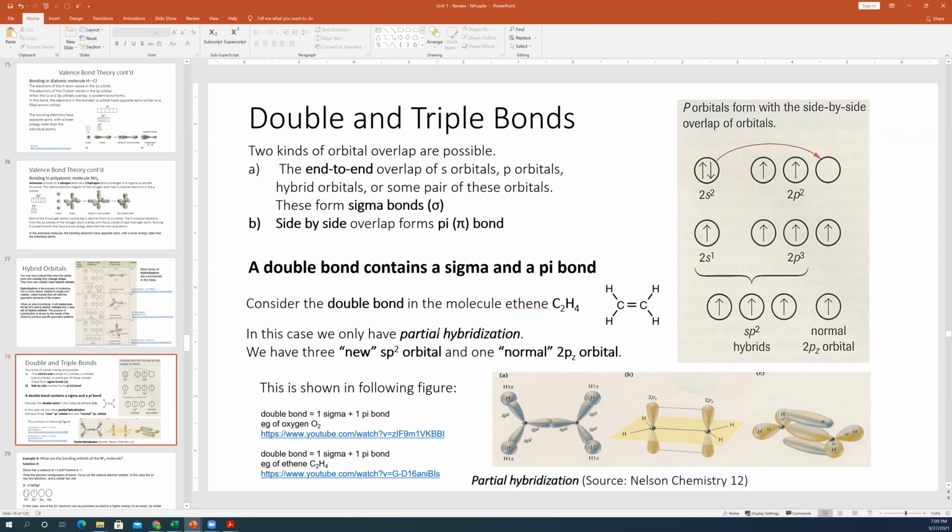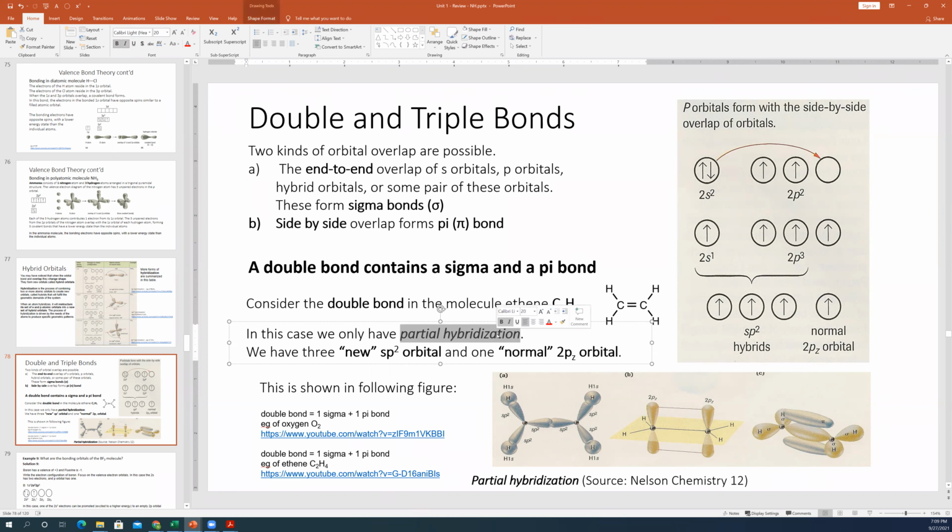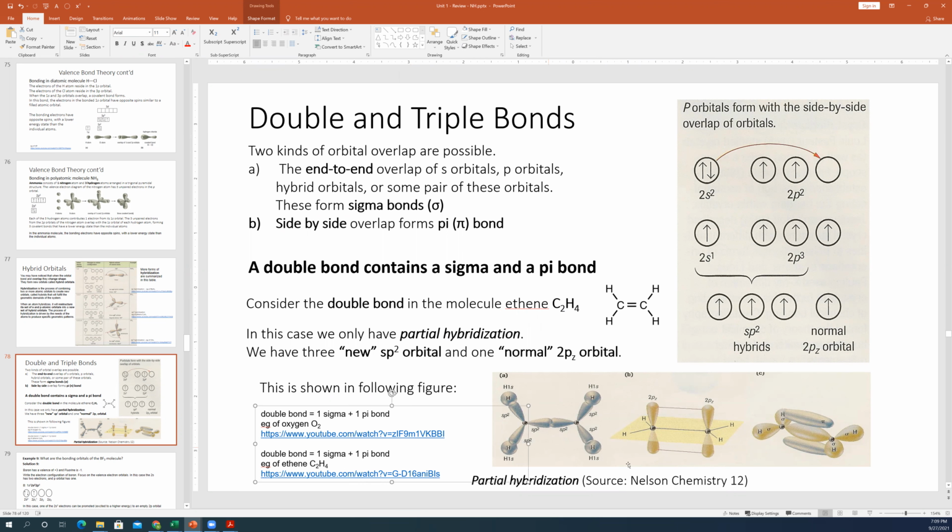Here we have what's called partial hybridization, where we have 3 new sp2 orbitals and 1 quote unquote normal 2p orbital. And we've shown this here in this figure, where you have these 3 sp2 orbitals, so 1, 2, and 3 around the carbon.